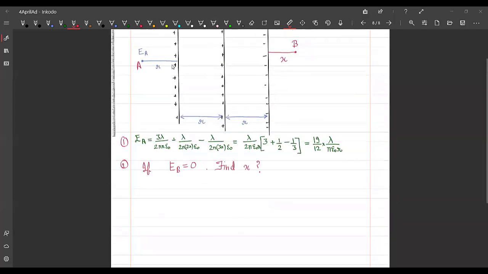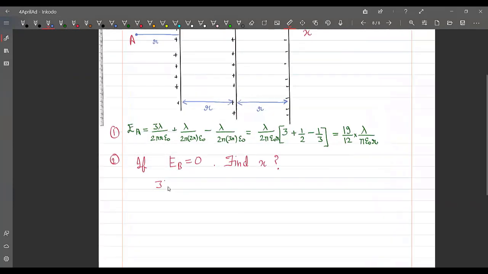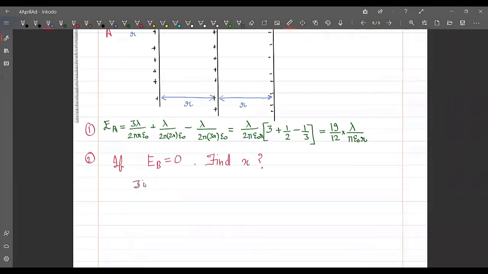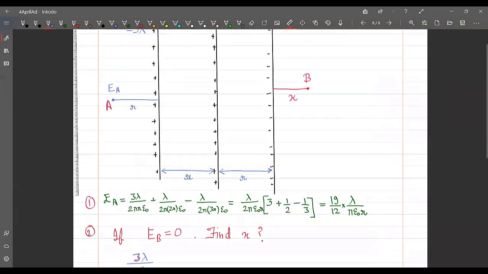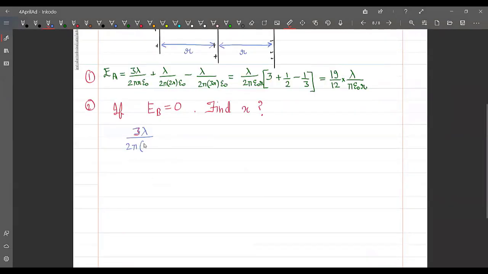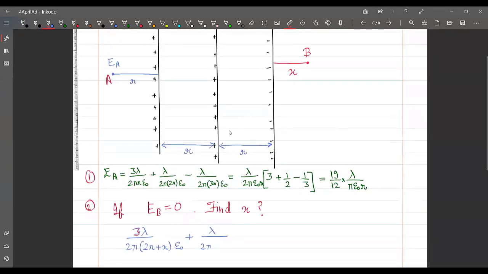Here the electric field due to the first line of charge will be 3 lambda by 2 pi epsilon naught into (2r plus x). For the second, it will be lambda by 2 pi epsilon naught into (r plus x).